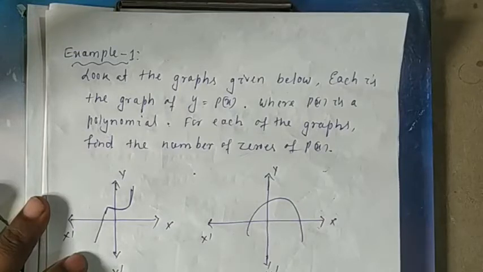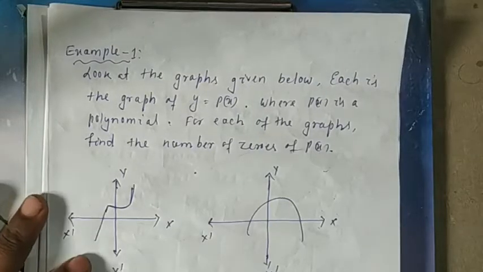Also you can find the zeros of the cubic polynomial graphically, as I have explained for linear and quadratic polynomials. But remember, a linear polynomial has exactly 1 zero, a quadratic polynomial has at most 2 zeros, and a cubic polynomial has at most 3 zeros.